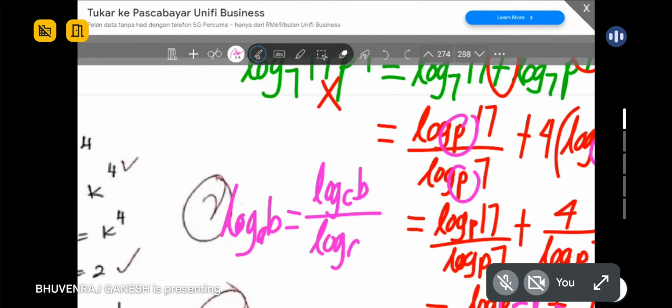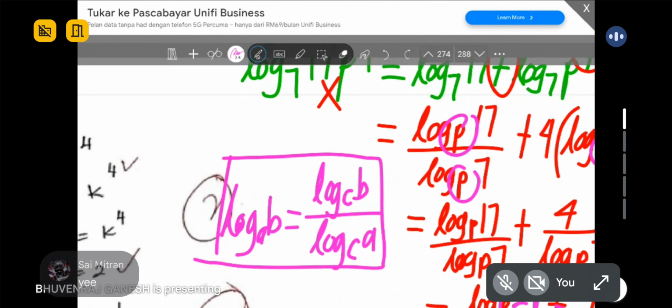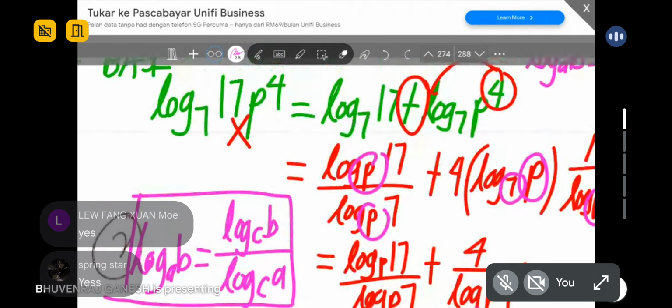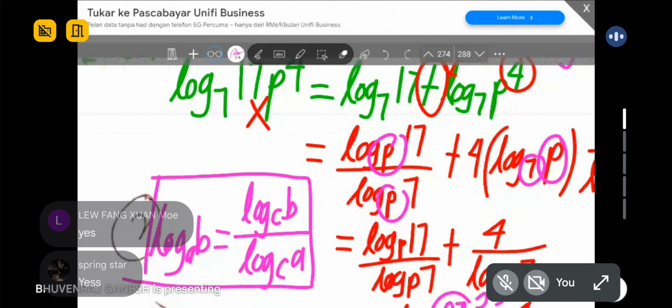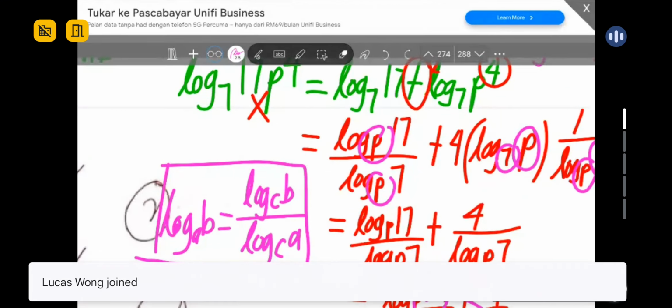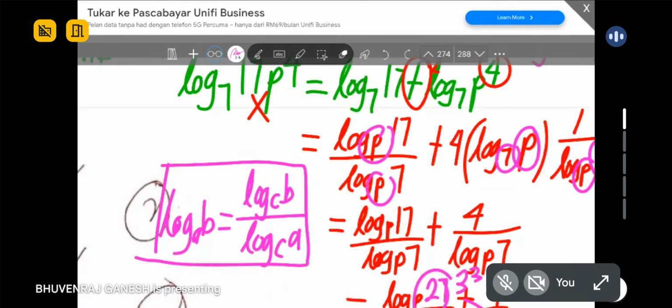Have you guys seen this formula? All of you? For Form 4 Chapter 4? I think you should have seen it. This formula, I apply here. That's all. So the A value here is actually the P value if you compare. The C value is P. Your A value is 7, B value is 17.